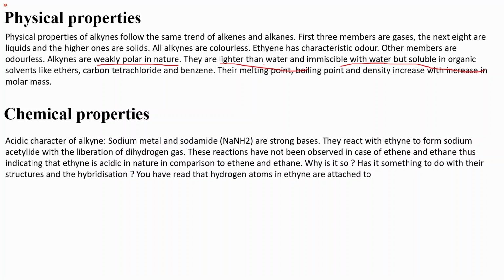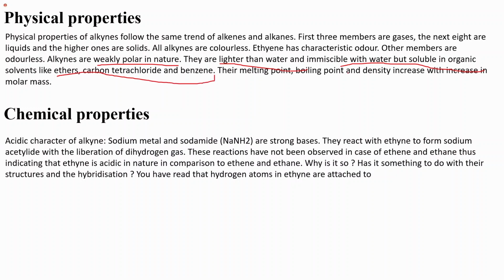The organic layer will always be above the aqueous layer, because the aqueous layer is heavier and its density is higher, so it always goes below the layer with the lower density. Alkynes are also soluble in organic solvents like ethers, carbon tetrachloride or benzene.